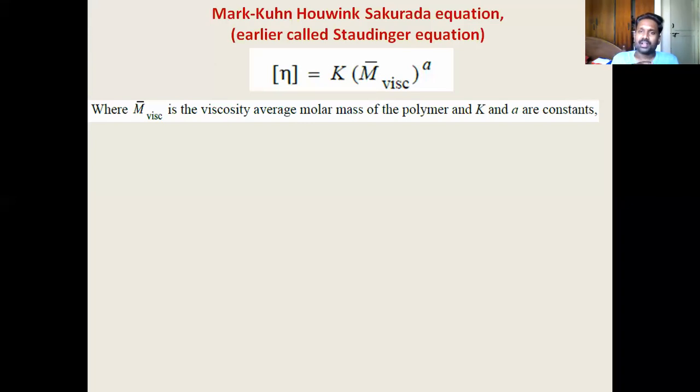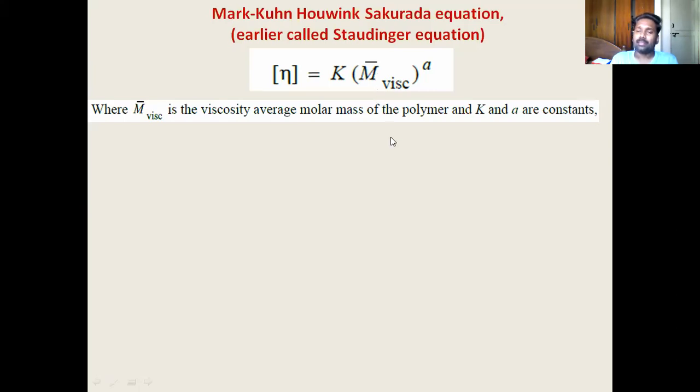And you know, in our previous lecture, we defined a term called viscosity average molecular weight. So what was it? It was the average molecular weight determined from viscosity experiments, viscometry. So simply putting average molecular weight here, we will specify it a bit and write viscosity average molecular weight.